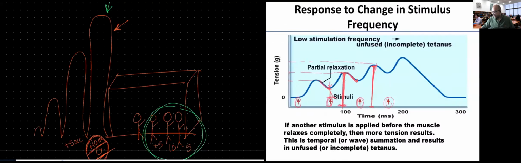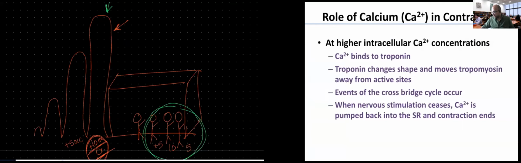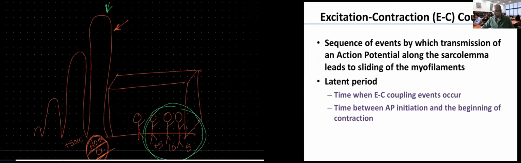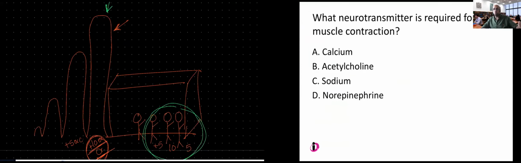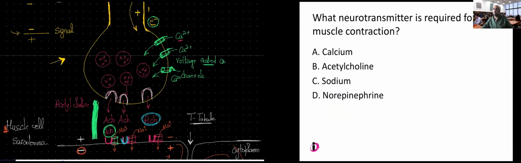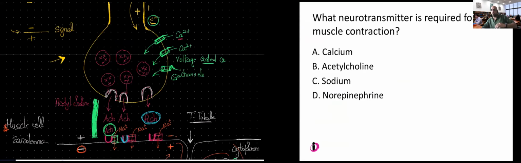All right, so one more question for today that we skipped. What neurotransmitter is required for muscle contraction? What is the neurotransmitter that is released from the nerve cell to bind to the muscle cell in order to initiate the muscle contraction?